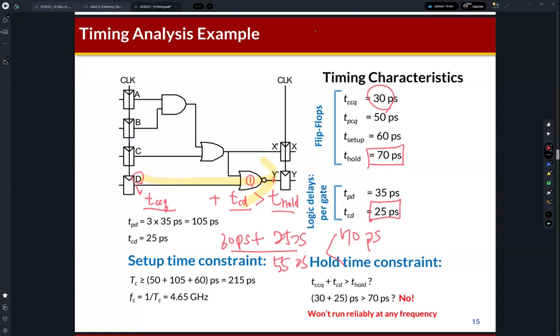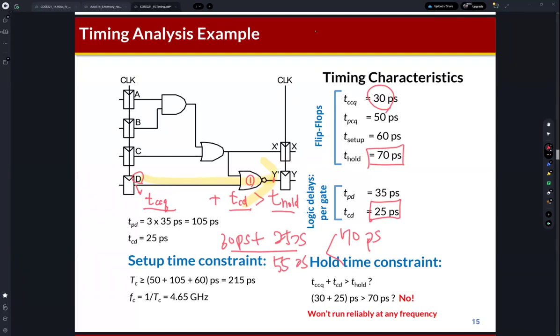Then how can you fix this circuit? It means how can we increase the minimum delay of this circuit?